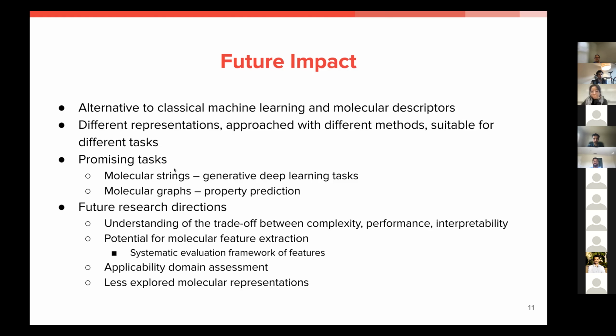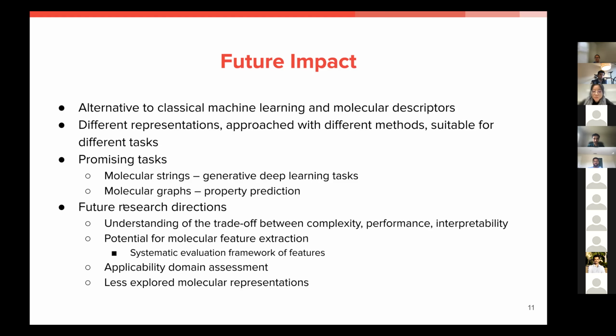Secondly, we also observe that molecular graphs are a great medium for property prediction because molecular graphs are very interpretable, and also we can easily incorporate information we know about atoms and bonds, for instance, as node and edge features in the graphs.